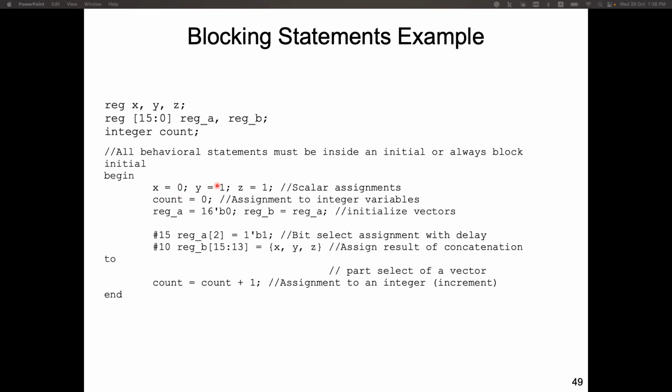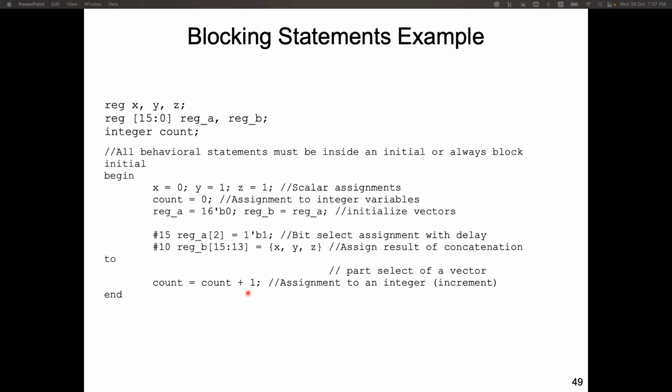So the behavior in a particular block is sequential, in a begin to end manner. It executes sequentially. So the statement count equal to count plus 1 is executed last.